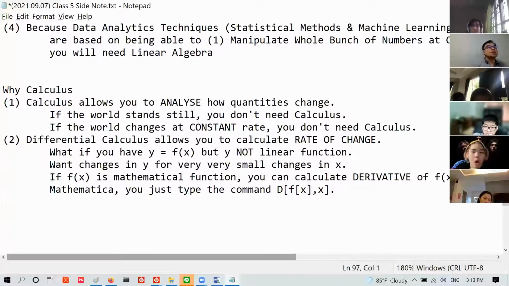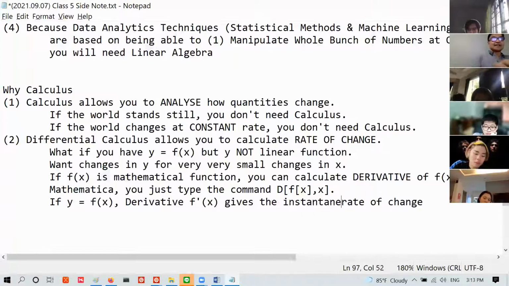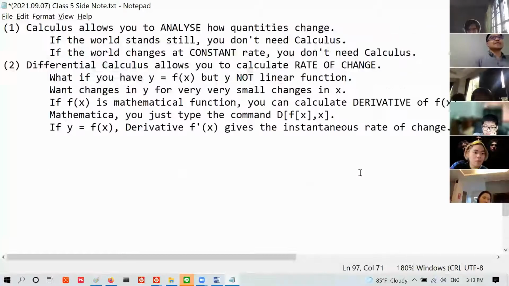So all I want you to do is to say that if y is equal to f of x, then the derivative f prime of x gives you the rate of change. Okay, instantaneous rate of change.